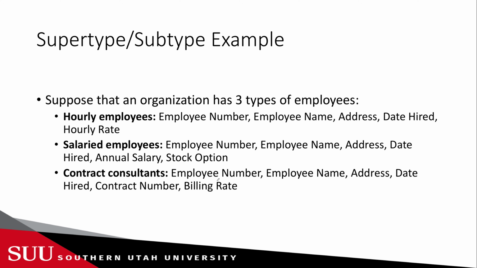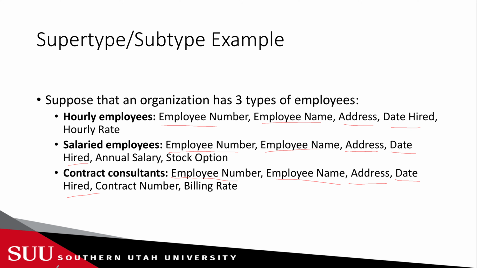Now, if I look closely at this, I have some common attributes. Employee number is shared among all three. Employee name is shared among all three. Address, same thing. Date hired, exact same thing. It's also shared among those three.